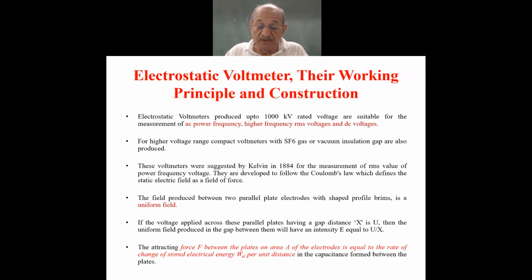The field produced between two parallel plate electrodes with shaped profile brims, as we discussed, is a uniform field. We try to produce a uniform field when we take very large size of the plates, at least towards the center of the plates, the effect of ends is minimized and you would get a uniform field towards the center.